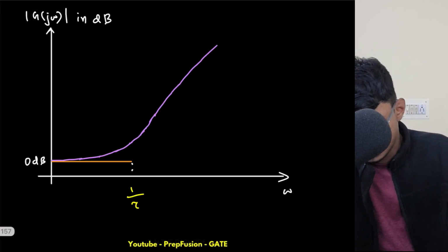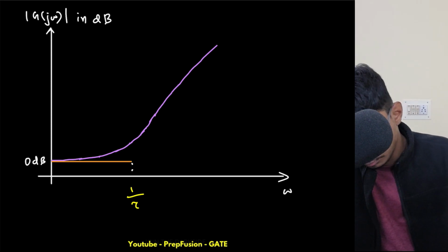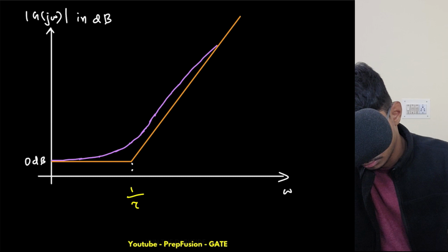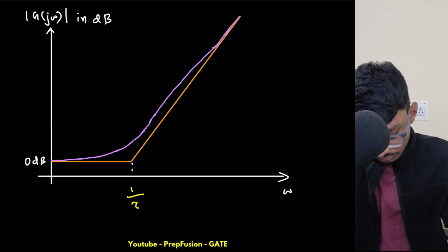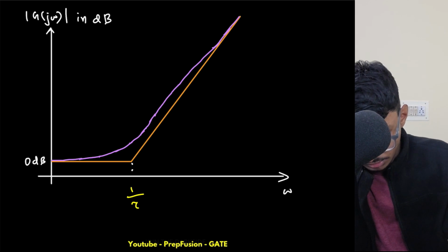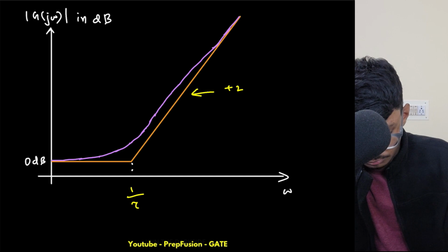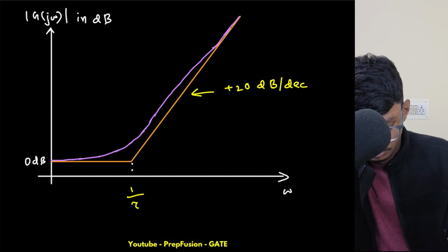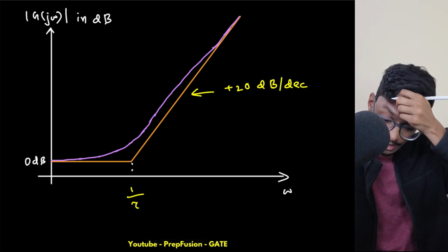Okay, so they almost intersect with each other, like this. So here my slope is plus 20 dB per decade, and like this is my error.